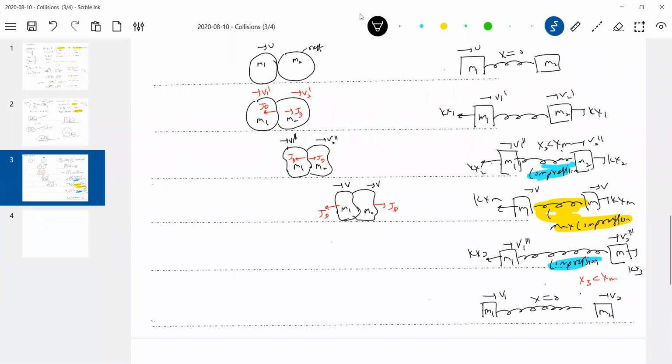So after this, the velocity of this will be V1 triple dash, V2 triple dash. Here the impulse that acts will try to reform the bodies.